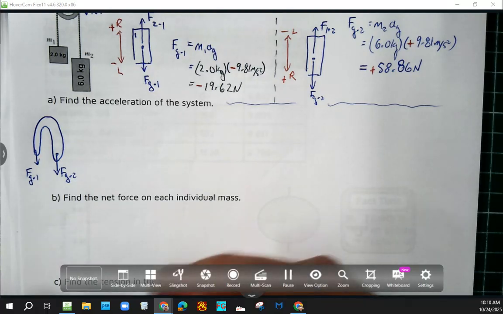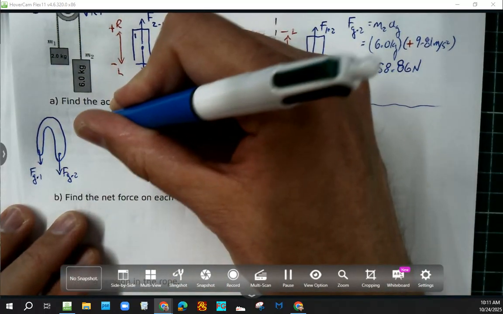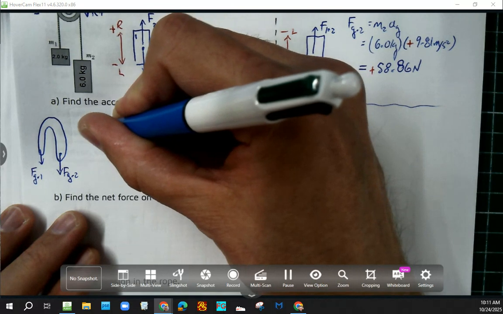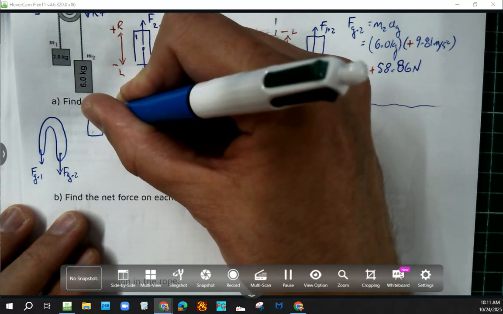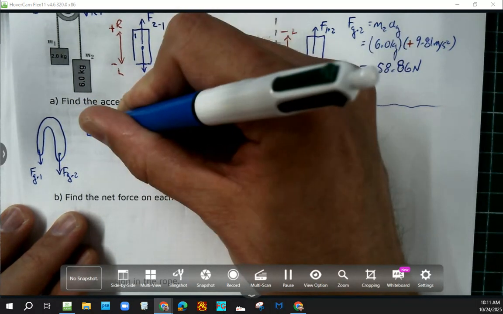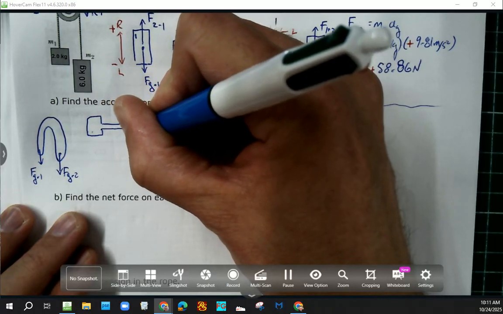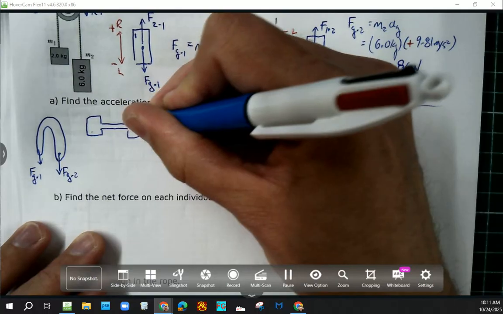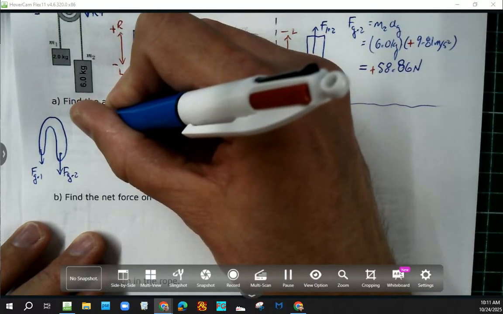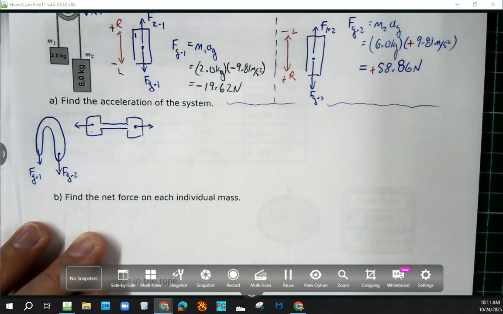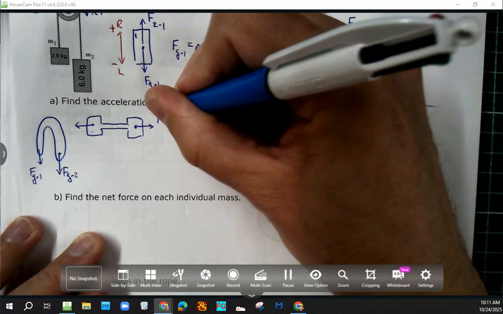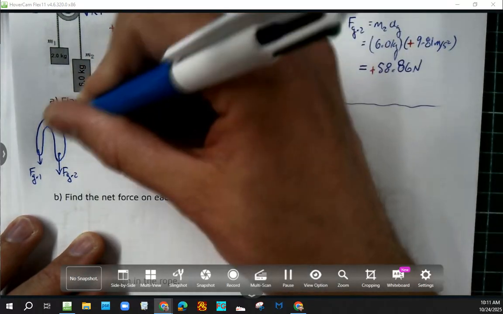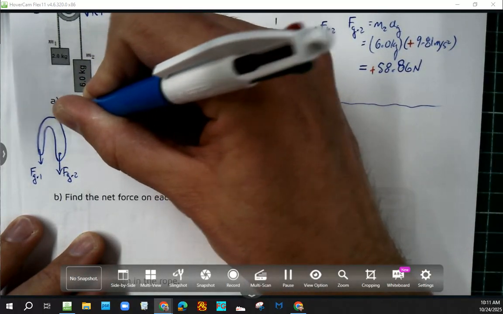Another way to talk about it is to say, hey, wait, I would like to think of this not as a noodle hanging around a corner, but recognize that this is kind of like a single object that's experiencing a tug of war, where the tug of war that's pulling in two opposite directions is actually Fg2 pulling it to the right and Fg1 pulling it to the left.